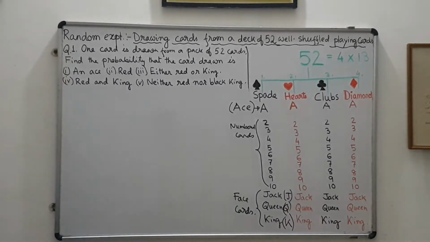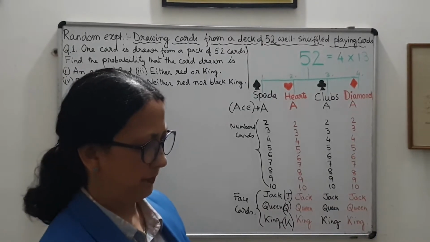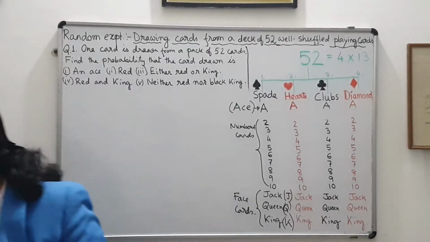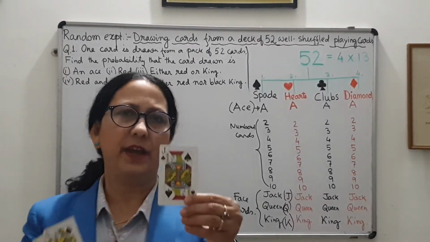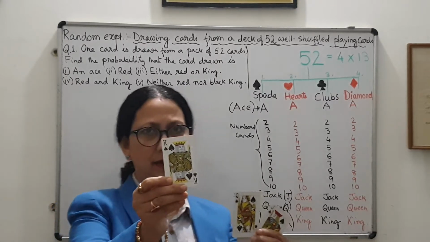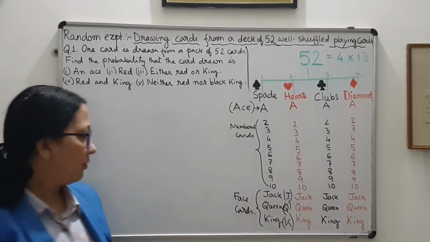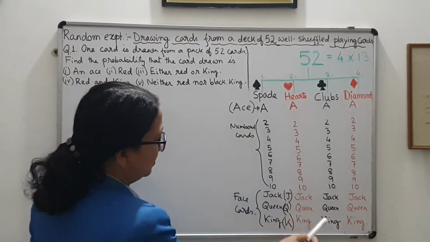Similarly for black also, you see 3 face cards, Jack, J, Queen, Q, and then King, K. So 3 face cards for these clubs.